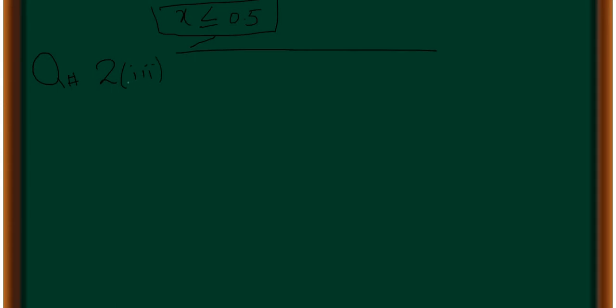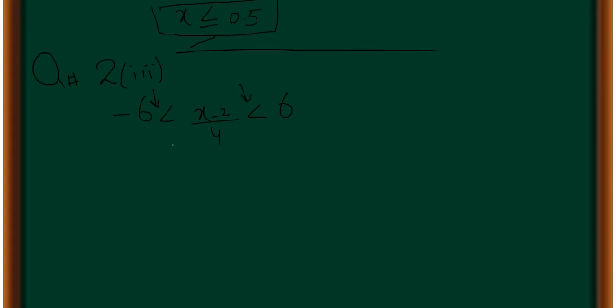Okay, now question number 2, part number 3 is minus 6 less than x minus 2 over 4 less than 6. You can see there are two inequalities here, one is here and second is here.